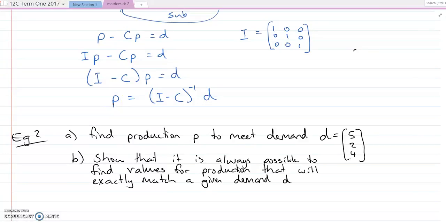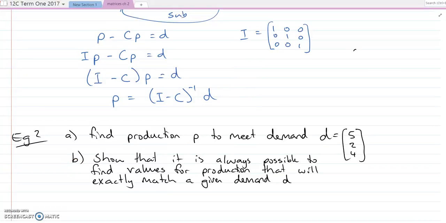You can't have a negative output. So sometimes it may not be possible to meet the demand. If you did this calculation and ended up with a minus number for one of your 3 P-values, that would not be possible.